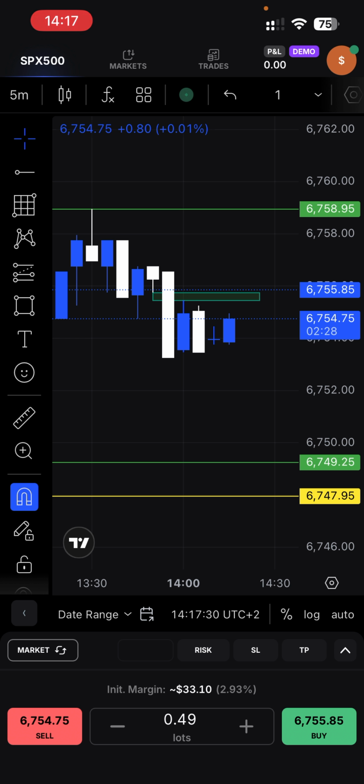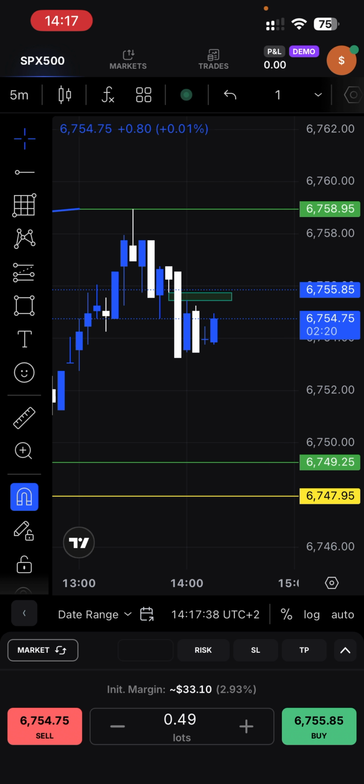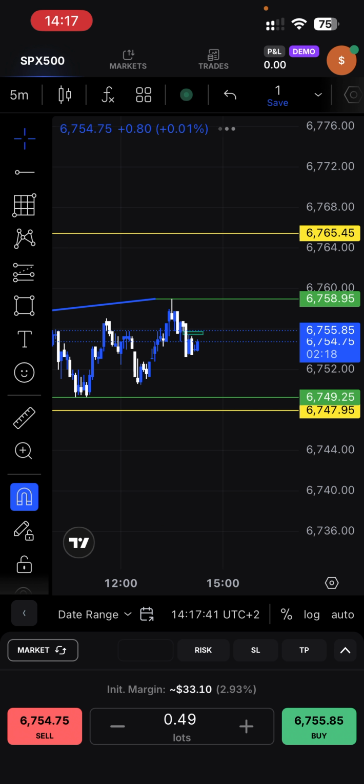But I think what I heard was that if in pre-market price is moving a certain direction, or in London session price is moving a certain direction, and New York hits, then New York is going to continue that direction that London was in.